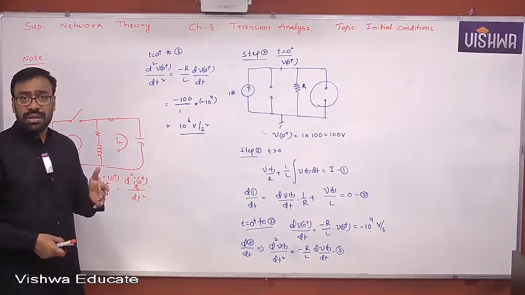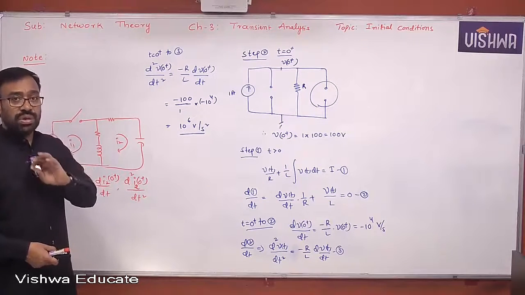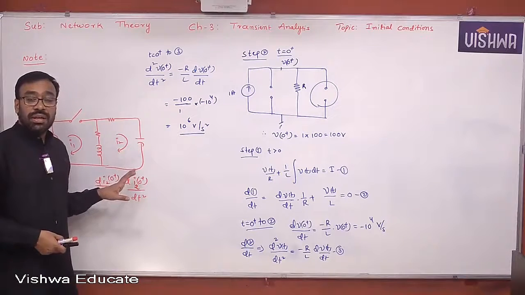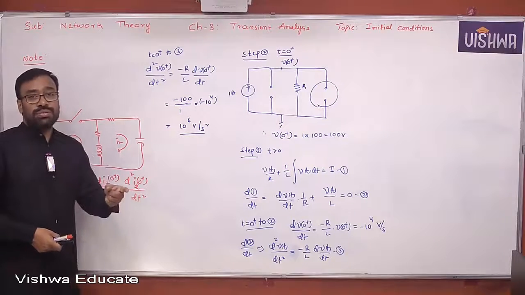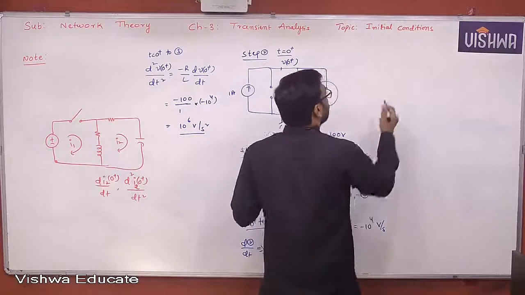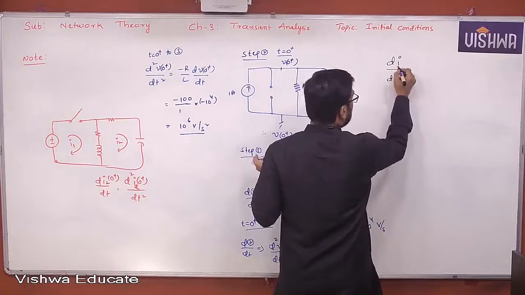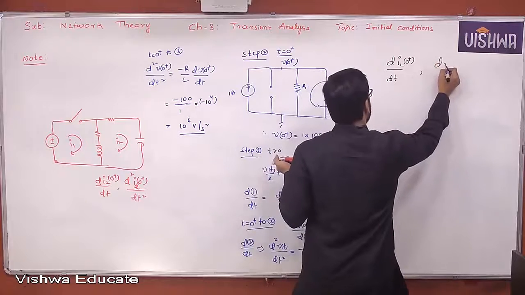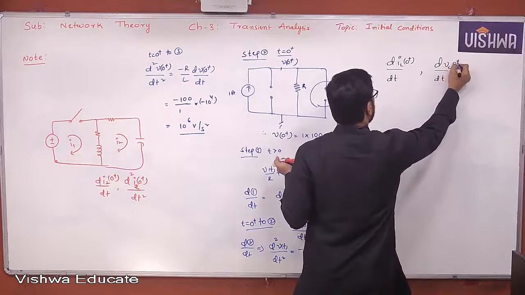I don't say it is impossible, but it is a time-taking process. That is why most of the time such kind of problems are not given in the exam. The higher order derivative terms may not be asked. You will be asked only the first order derivative term, dIL of 0 plus by dt, where I is the current through the inductor, and dVc of 0 plus by dt, where V is the voltage across the capacitor.